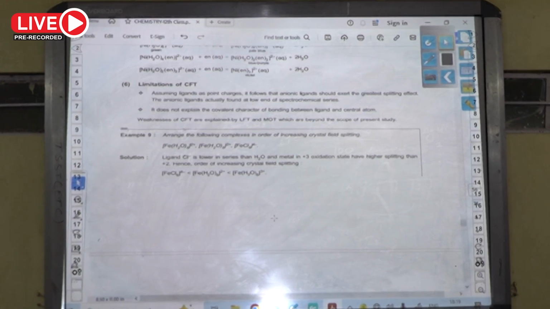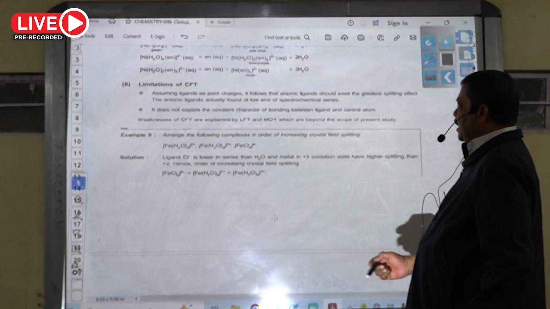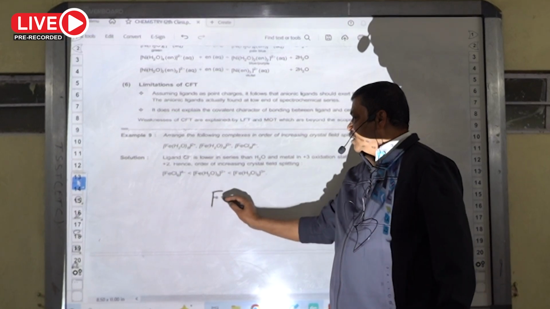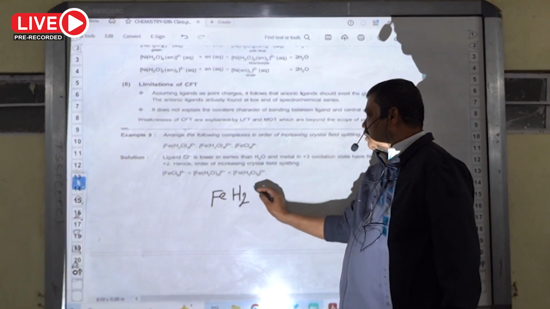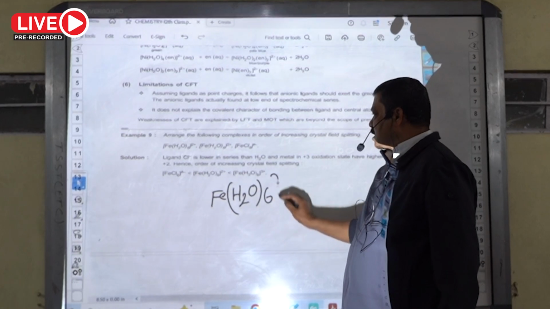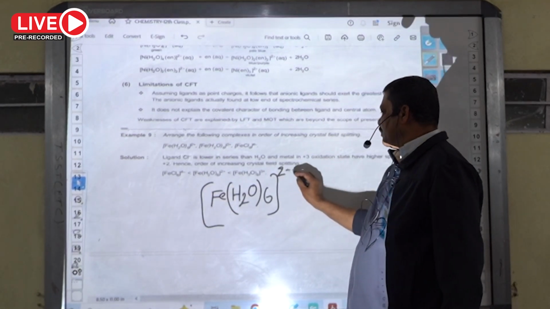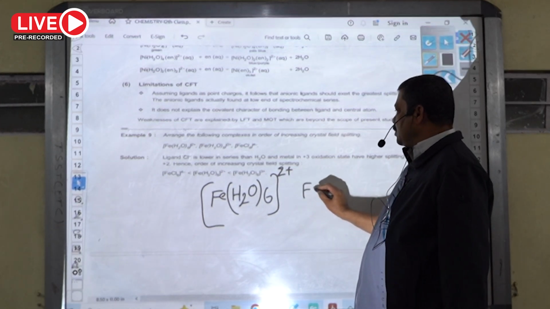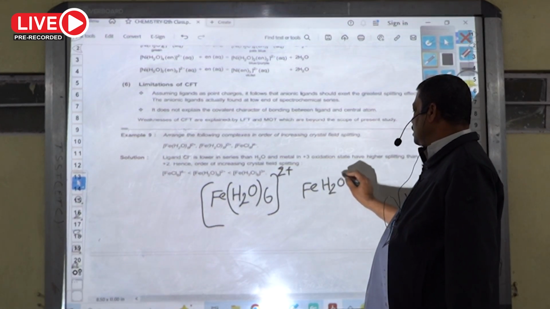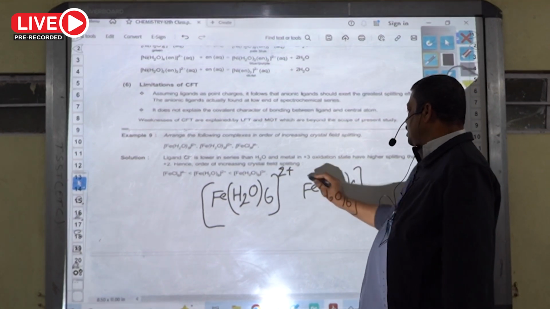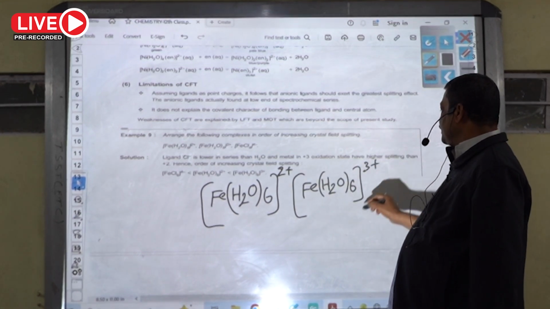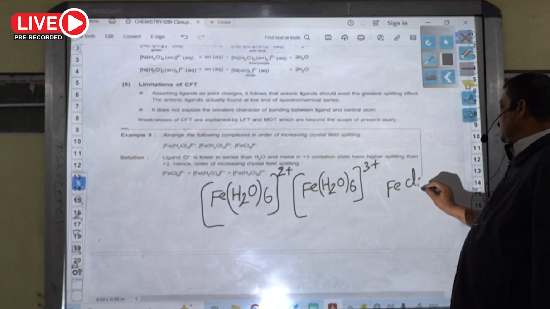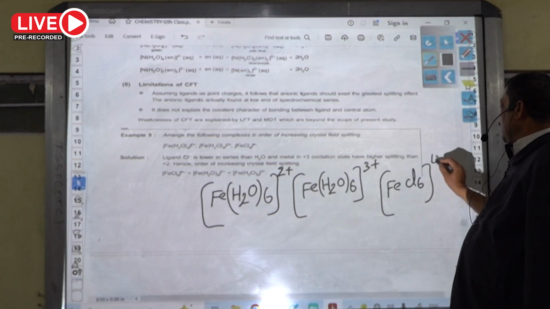Arrange the following complexes in the order of increasing crystal field splitting: [Fe(H2O)6]2+, [Fe(H2O)6]3+, [FeCl6]4-.